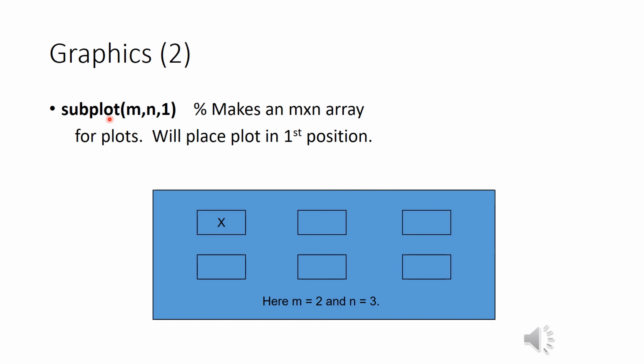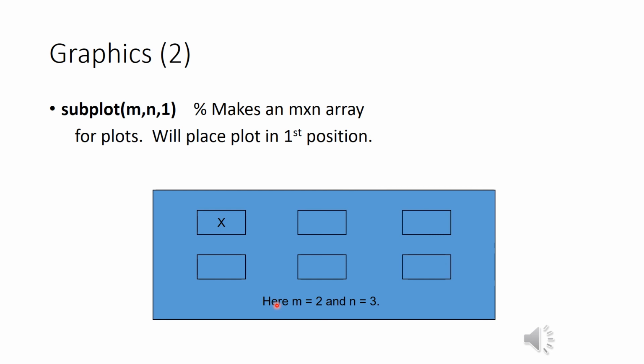Okay, we have another function which is subplot. Actually it makes an array of given size for the plots, and it will place the plot in the first position. So this will be the result. Here m is equal to 2 and n is equal to 3. m equal to 2 means that we have 2 rows, and n equal to 3 means that we have 3 columns.